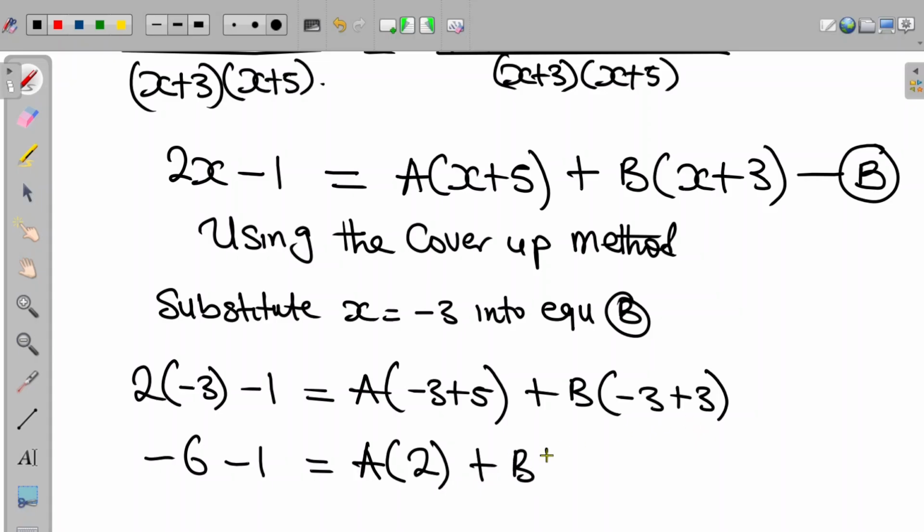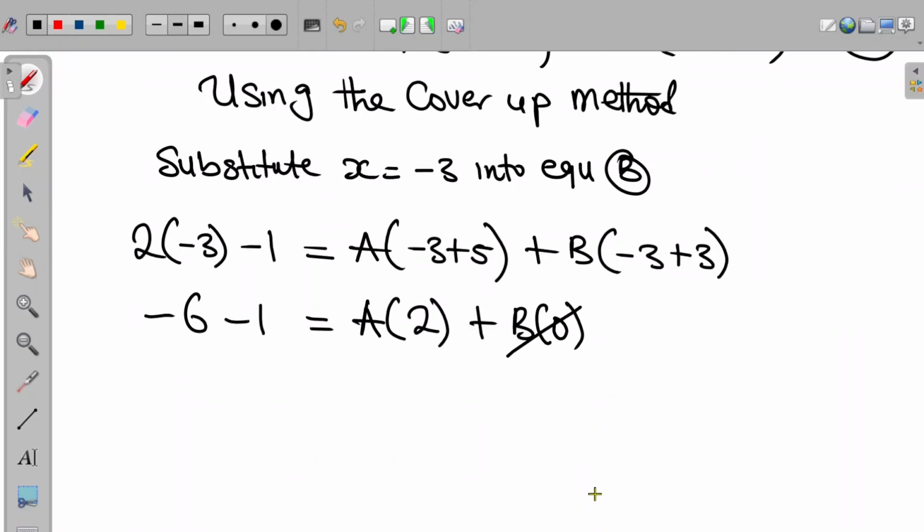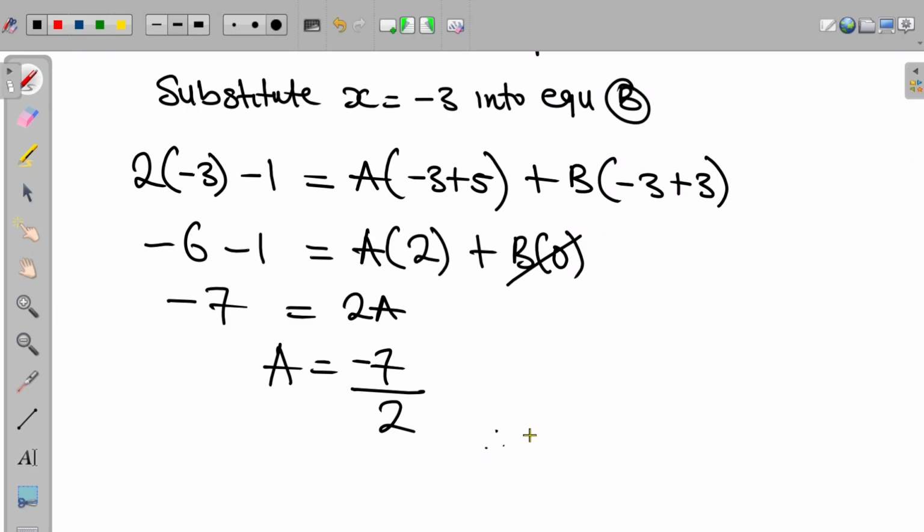So this cancels out because B times 0 is 0. So we have minus 7 equal to 2A. So A is equal to minus 7 divided by 2. So we have obtained the value of A to be equal to minus 7 divided by 2, and the value of B to be equal to 11 divided by 2.